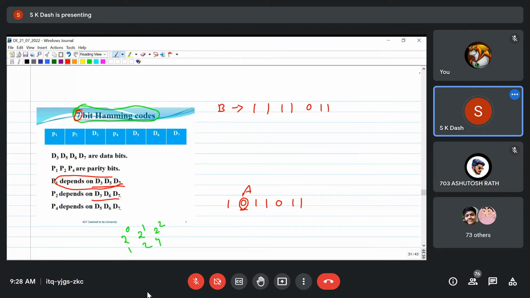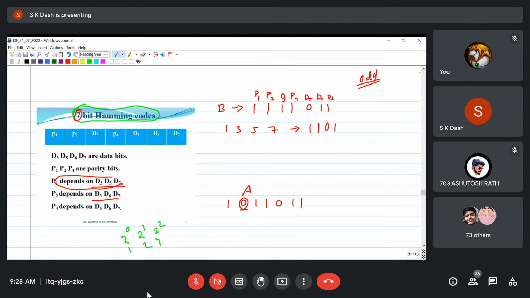When the person in place B receives the message, he will again write those values: P1, P2, D3, P4, D5, D6, D7. P1 is 1, D3 is 1, D5 is 0, D7 is 1. Which parity system did we use? Odd parity.